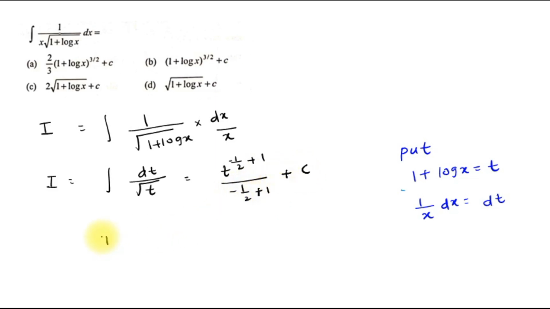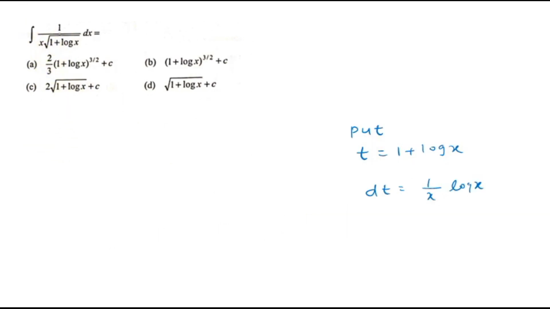So this is equal to 2 root t plus integration constant c. Putting back the value of t, we get the above integration as I is equal to 2 under root 1 plus log x plus integration constant c. So if we look at the options, option C is the correct one.